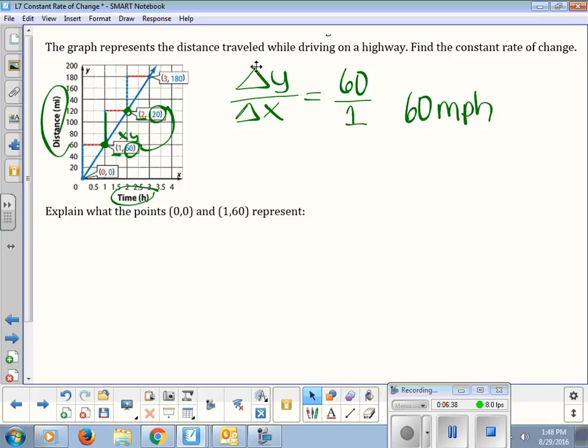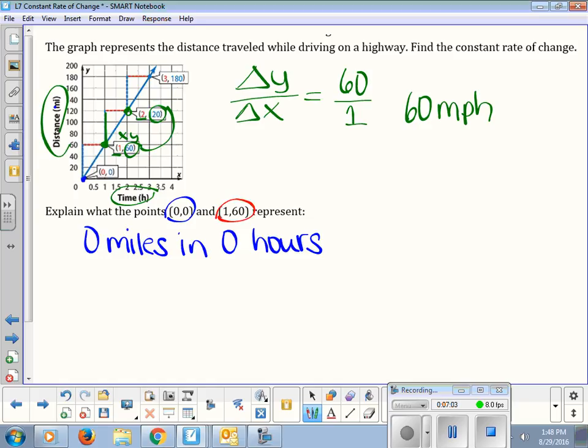If you look at the graph, we want to explain what these 2 points mean. 0, 0 would mean what? That is our origin, and that means that we're going 0 miles in 0 hours. The point 1, 60, we have our x and our y. Our value for x is 1, so we're at 1 hour, and that means that we've driven how far?